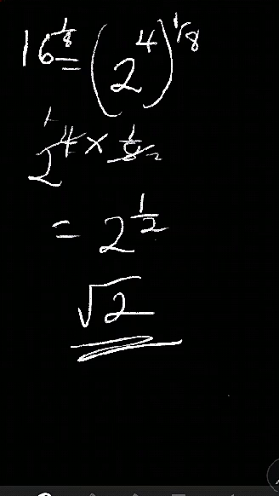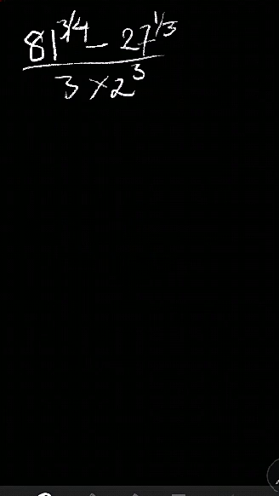Alright, so let's look at another example. Simplify this: 81 raised to power 3 over 4 minus 27 raised to power 1 over 3, all over 3 times 2 raised to power 3. So now, being indices, how can we express 81 so that we write the number with power?